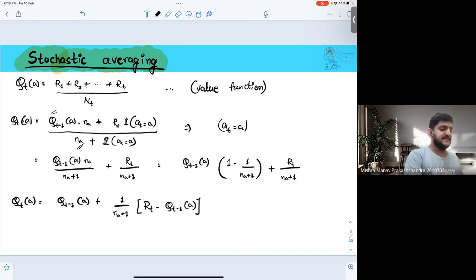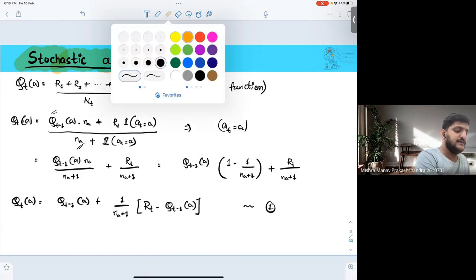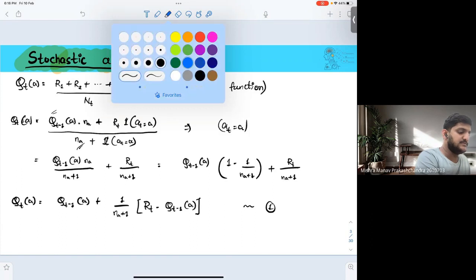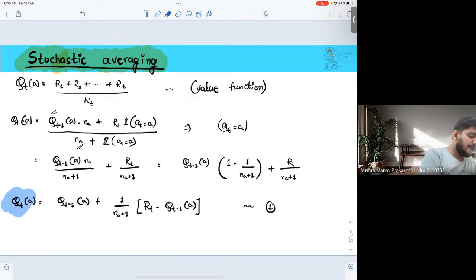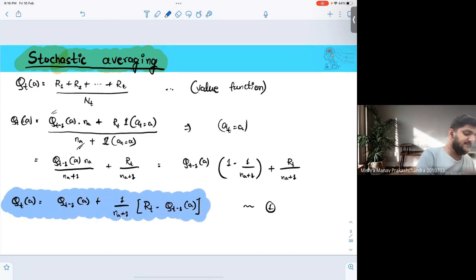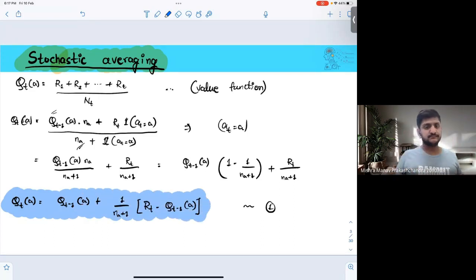So this is something very important. You should probably make a note of this. Maybe I can highlight it. So make a note of this equation. This will be helpful later on when we are looking at this Q function based RL, even when we move to the RL problem from the immediate RL problem.